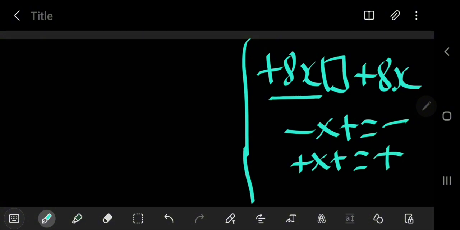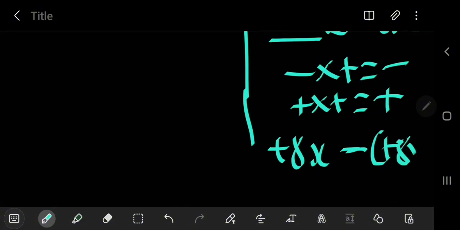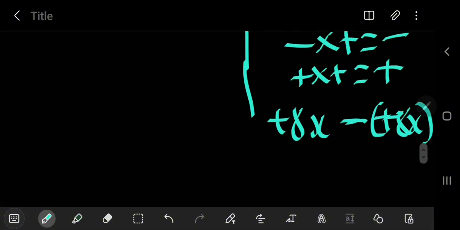So we have to introduce a minus, such that our plus 8x would open its bracket, so to say, and a plus times a minus will give us a minus. I'm not going to write it there. This is not the way we're doing the calculation. We just want to confirm that a minus is the best sign.